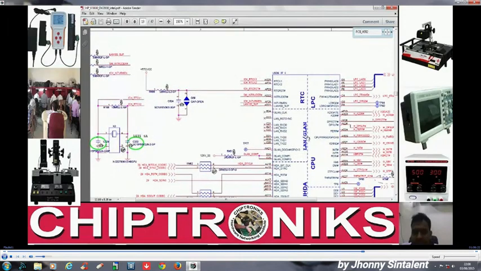Yes, this is RTC, and you see ICH_RTCX1, ICH_RTCX2, and this is connected via a crystal, and this is a resistor, this is a capacitor.